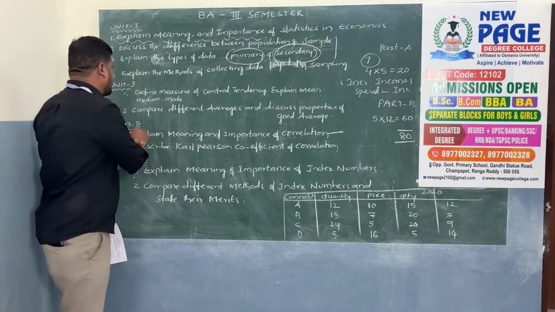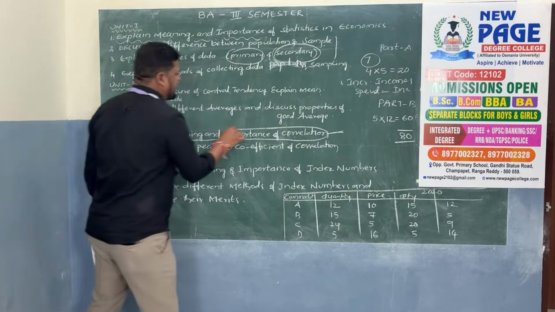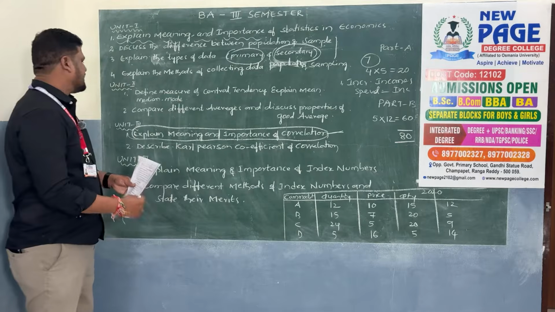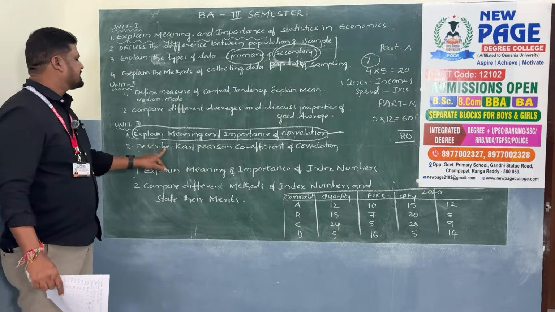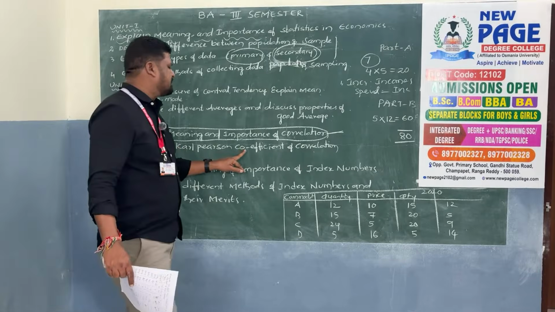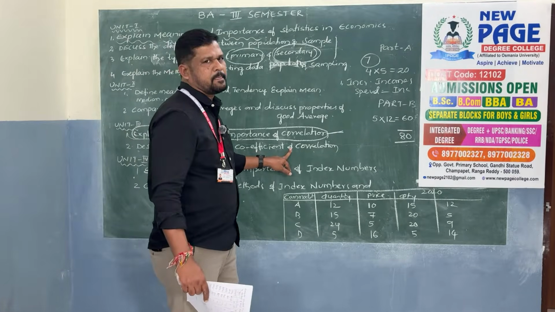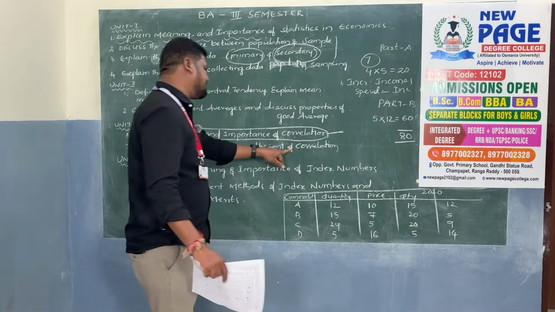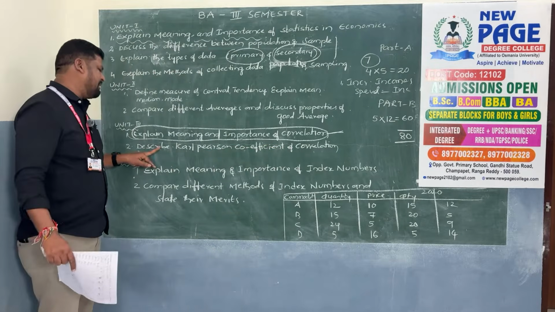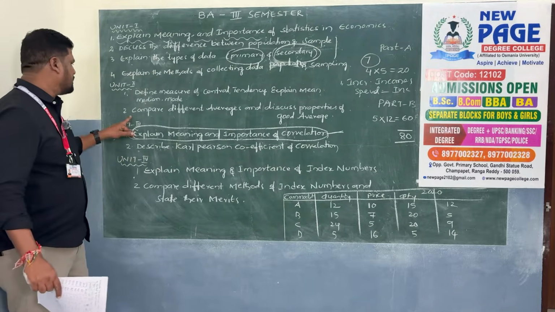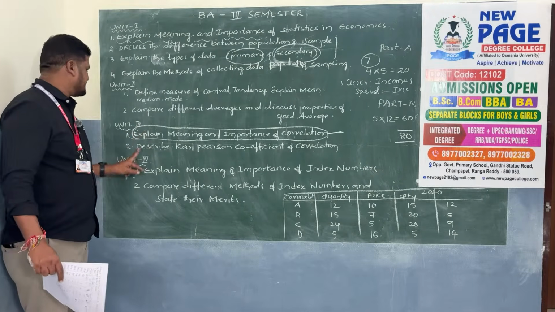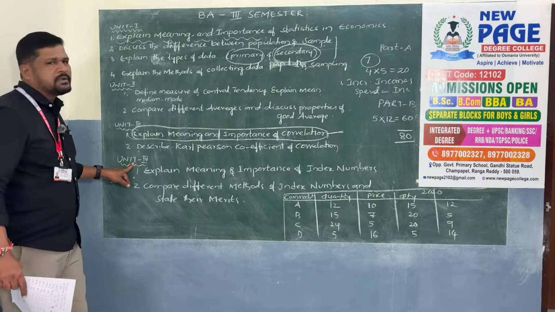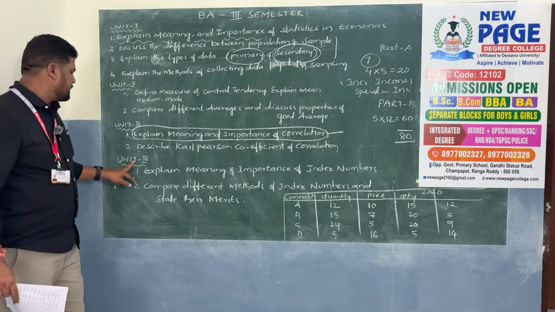Give the definition and importance: explain meaning and importance of correlation. Another question is, describe the Karl Pearson coefficient of correlation. Sometimes this question is also given in previous question papers. So third unit completed. Next, let's go into unit 4.